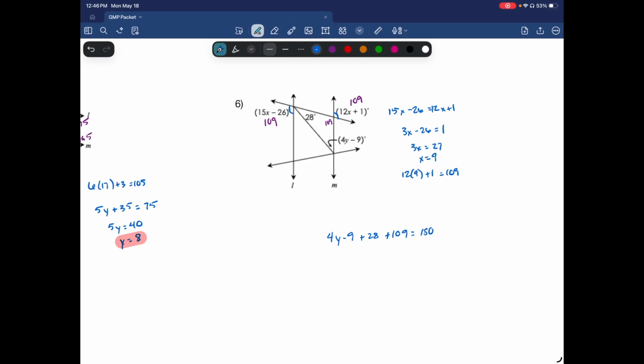Okay, so 4y plus 128 equals 180. 4y equals 52. Y equals 13. All right, so x equals 9, y equals 13.